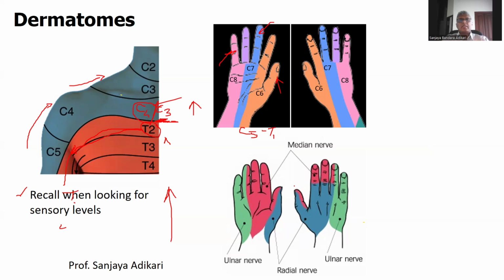You can clearly see that C6 and C7 are given by the median nerve, and C8 is given by the ulnar nerve. Here also on the dorsum, C8 is given by the ulnar nerve, and C7 and C6 are in this case given by the radial nerve, because it's the radial nerve that supplies the dorsum of the hand. So here it's median nerve, this part median nerve, this part ulnar, this part radial, and this part again ulnar.